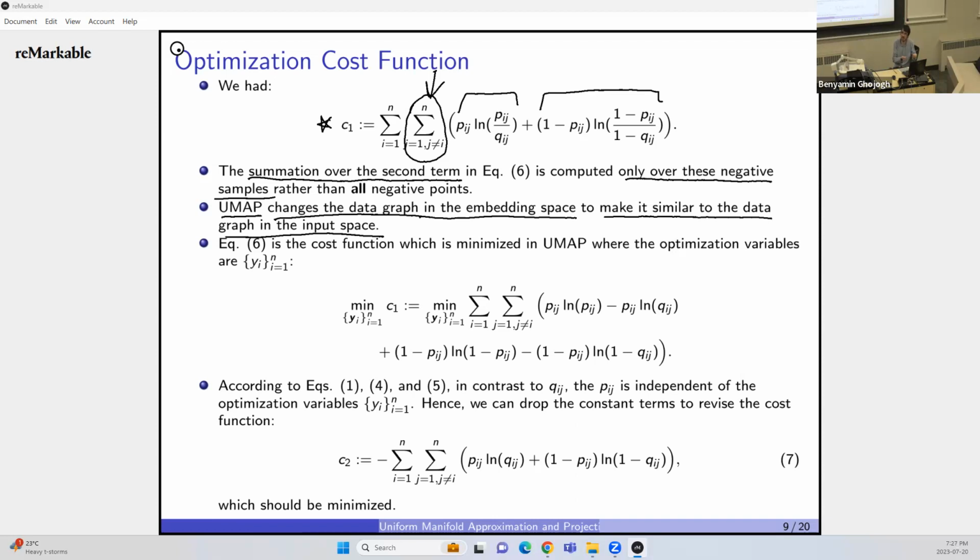Then we change this graph in the embedding space so it becomes similar to the graph in the input space. Okay. Equation 6 is the cost function, which is minimized in UMAP. And the optimization variables are the embedding points, right? So let's minimize this cost function with respect to these embedding points.